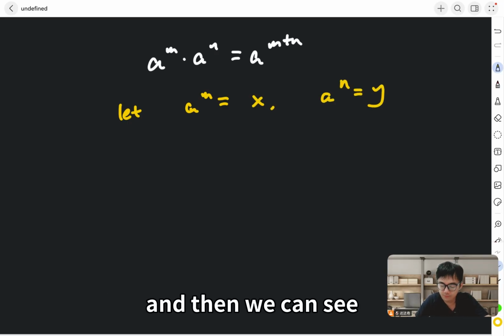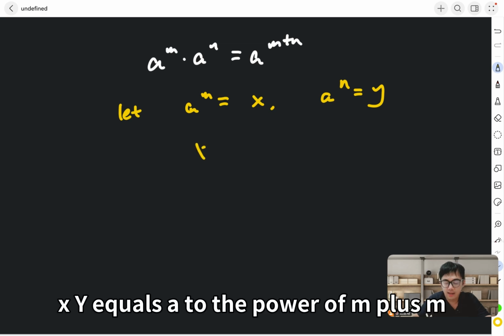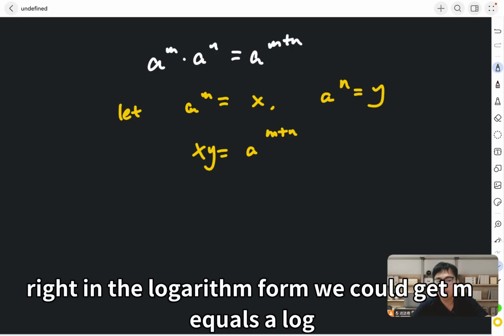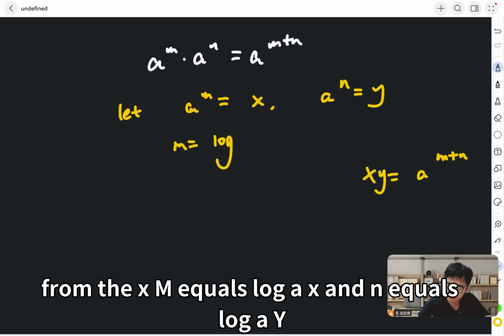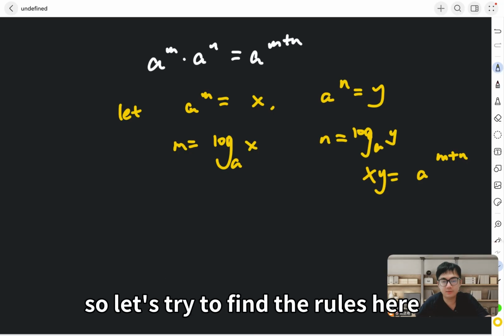And then we could see xy equals a to the power of m plus n. In the logarithm form, we could get m equals log a of x and n equals log a of y.